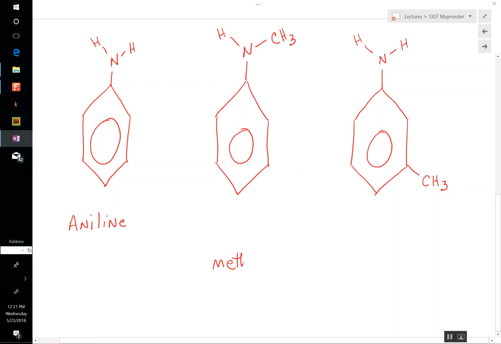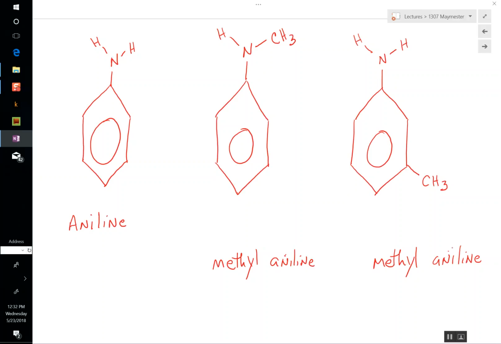But how do we distinguish them from one another? Methyl aniline. Okay, a minute ago I said whenever the parent name includes a certain functionality, that's where you're going to start numbering the carbons, okay?